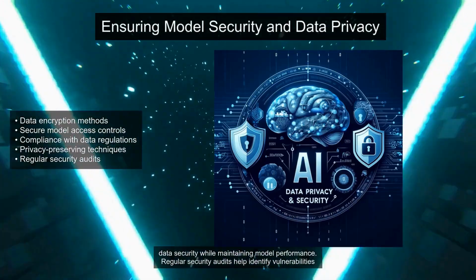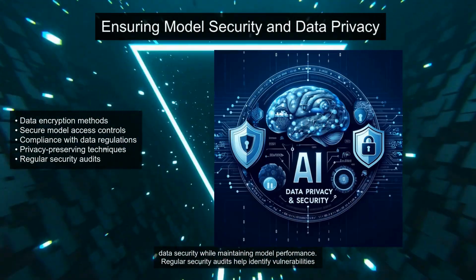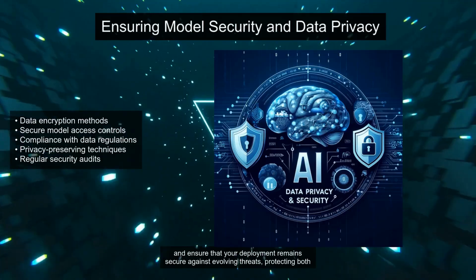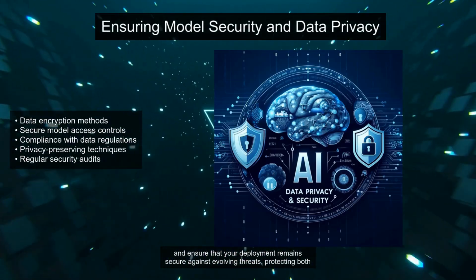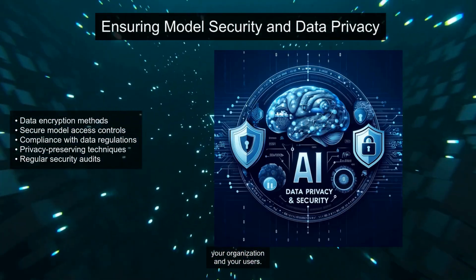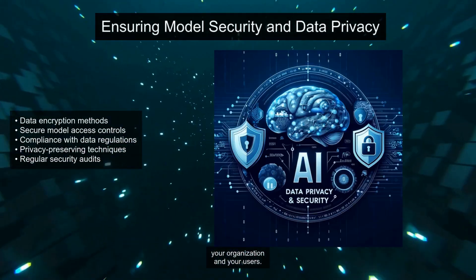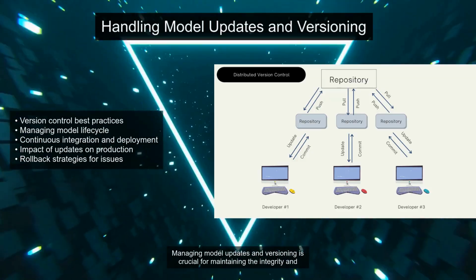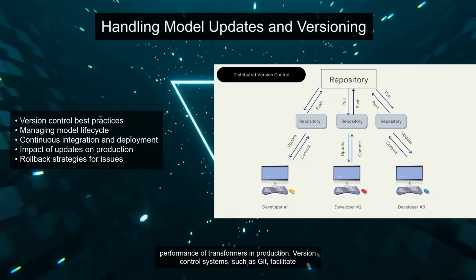Privacy-preserving techniques, like differential privacy, can enhance data security while maintaining model performance. Regular security audits help identify vulnerabilities and ensure that your deployment remains secure against evolving threats, protecting both your organization and your users.